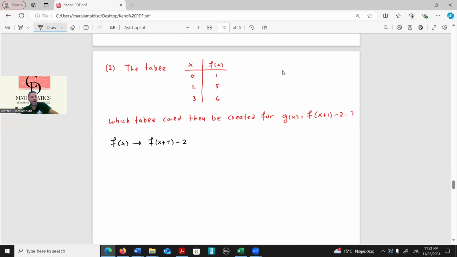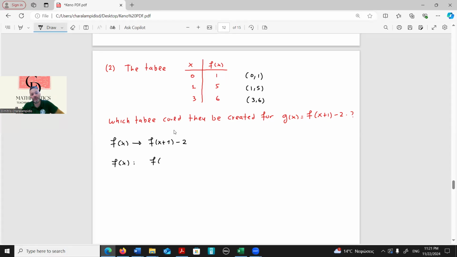We're given not 1, like before, but 3 points on the graph of f, the points with coordinates 0, 1, 1, 5, 3, 6, and we are asked to find the new corresponding points. To do so, we need to do the description first. We have seen in a video that the order in this case doesn't change a thing.